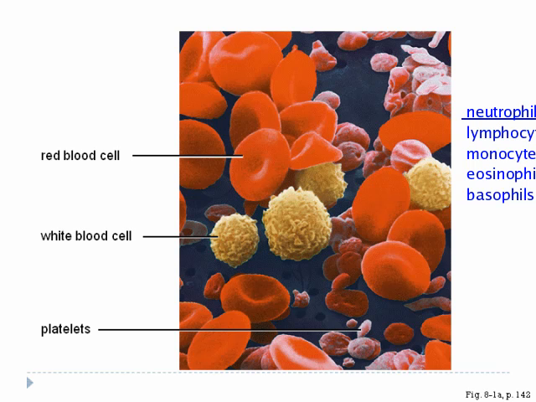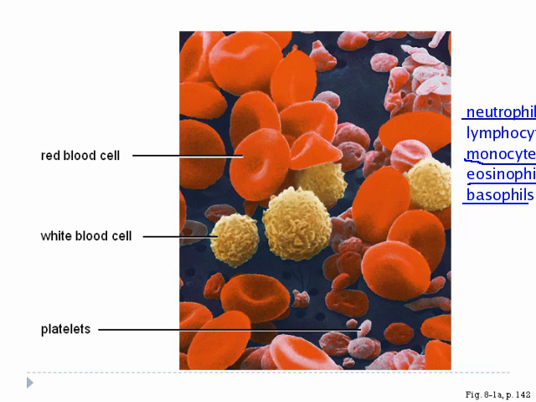Now, the neutrophils, the eosinophils, and the basophils are those granulocytes. The neutrophils, eosinophils, basophils, and monocytes can come from that myeloid stem cell. The lymphocytes come from a lymphoid stem cell.